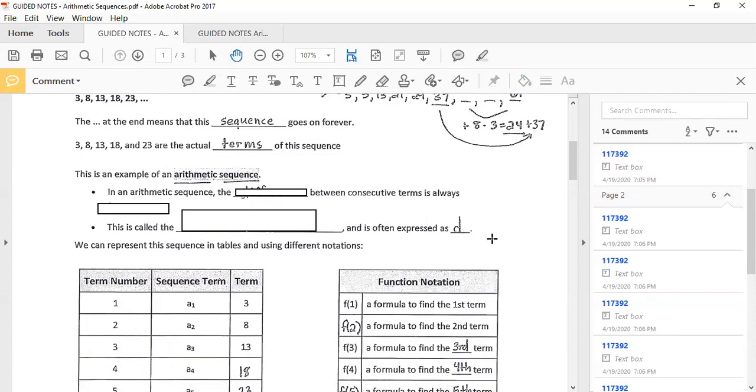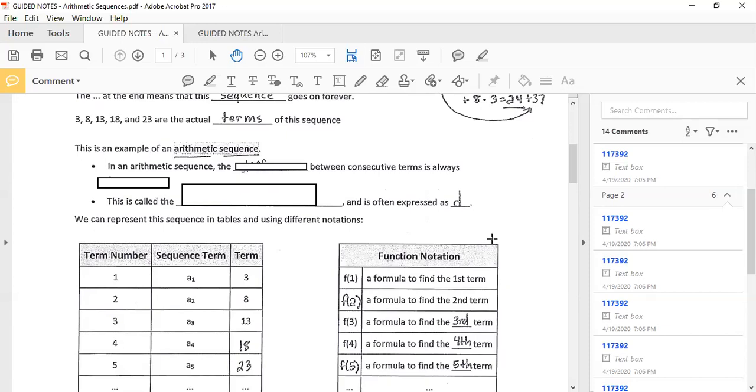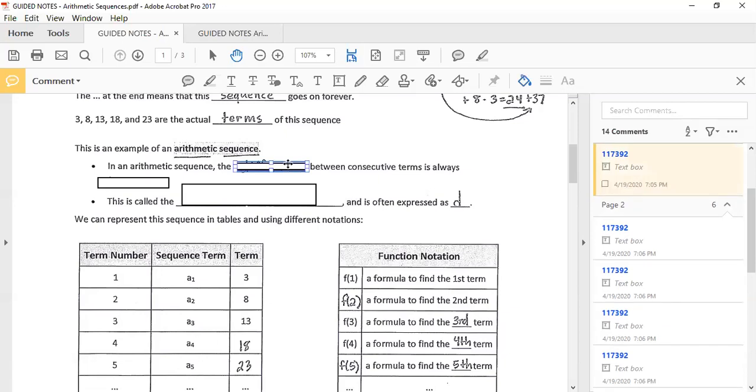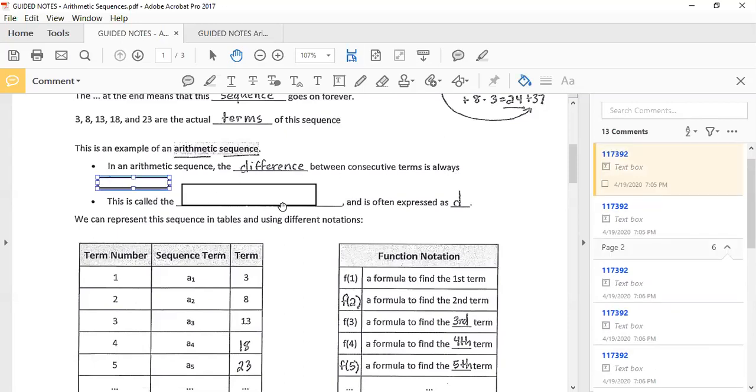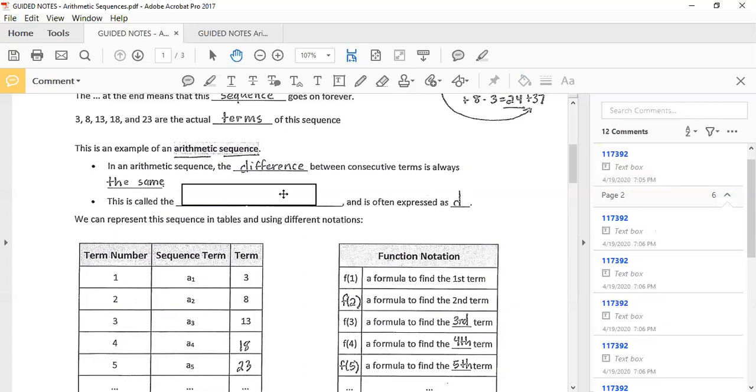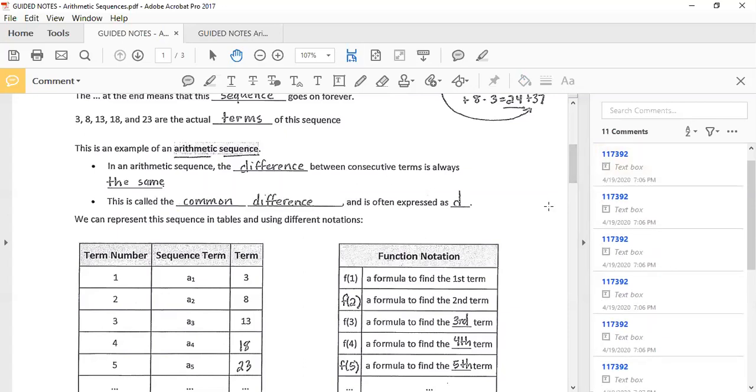All right, so arithmetic sequences, they show a common difference between each of the terms, okay? And it's always consistent or the same. Sometimes we call it a difference. Common difference is very typically used here.